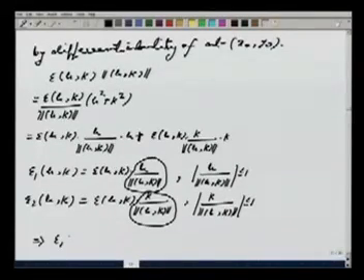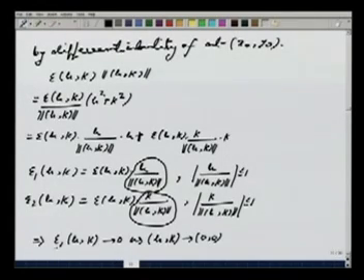So this implies that epsilon 1 hk goes to 0 as hk goes to 0, 0. Similarly, epsilon 2 hk also goes to 0 as hk goes to 0, 0. So that proves the increment theorem, which now I am going to use in something called chain rule.